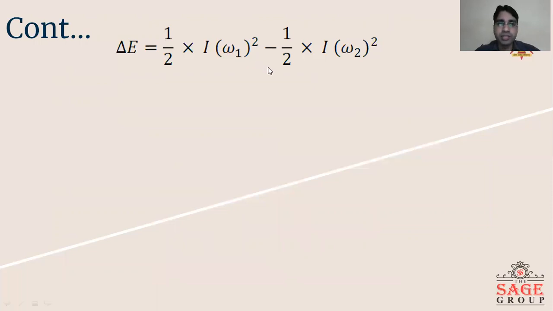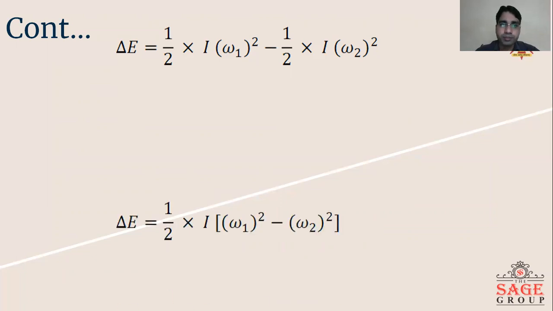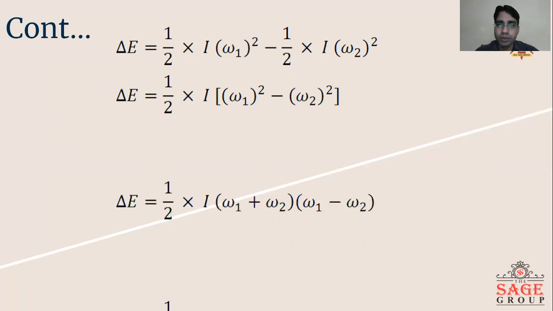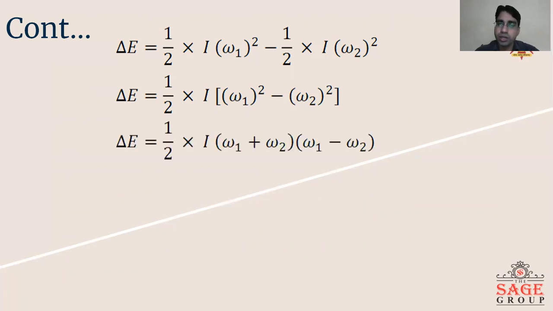We'll solve this equation. Half I is common, and the remaining part is omega 1 square minus omega 2 square. Expanding it with the help of a square minus b square, we get omega 1 plus omega 2 and omega 1 minus omega 2. Here omega 1 plus omega 2 divided by 2 equals the mean speed of the engine or flywheel.